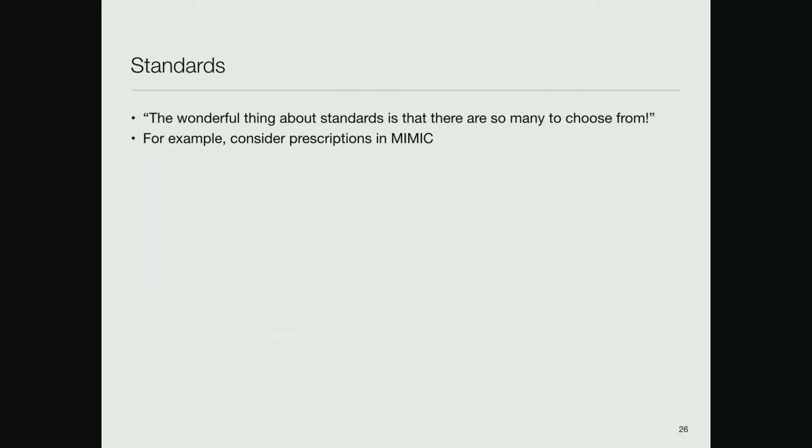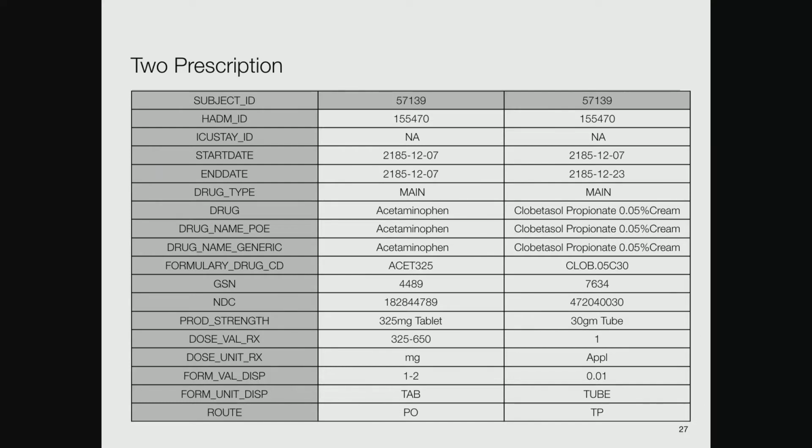For example, if you look at prescriptions in the MIMIC database, here are two particular prescriptions for subject number 57139, admitted on admission ID 155470. They have the same start date but different end dates.